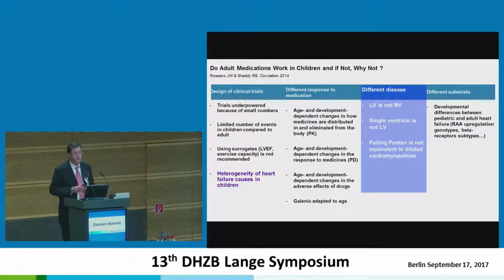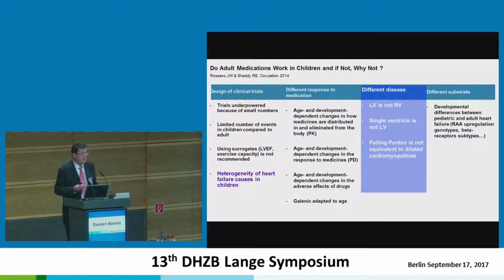And we also have very important heterogeneity in the heart failure causes in pediatrics. There are factors related to the kinetics and pharmacodynamics of the drugs in pediatrics, and I will not elaborate on that. There are also different diseases, and it is the topic of this meeting.